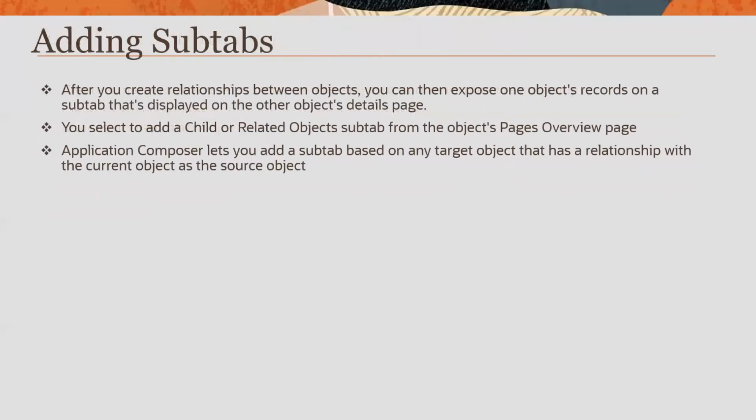So after creating relationships, we can add the source object as a subtab. Suppose we create an M2M relationship between account and contact.